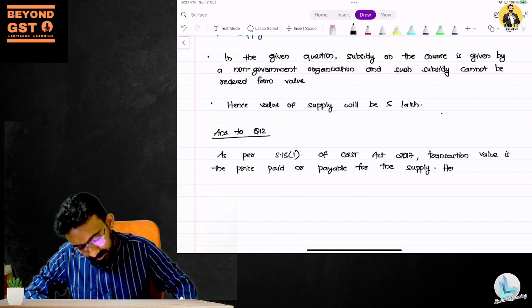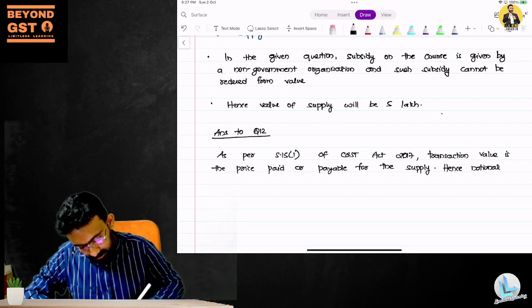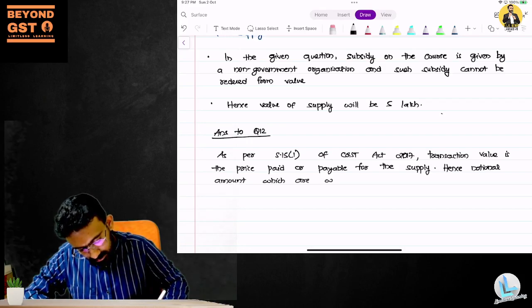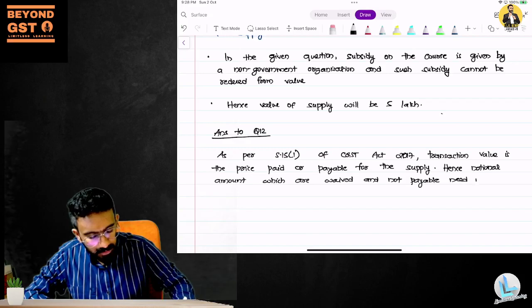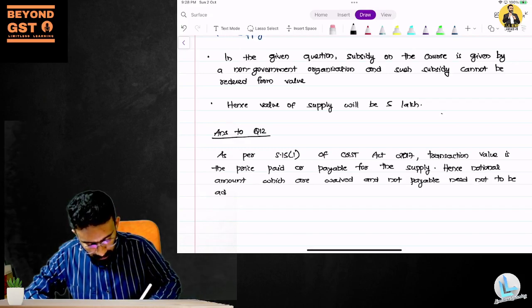Hence, notional amount which are waived and not payable need not be added to value.